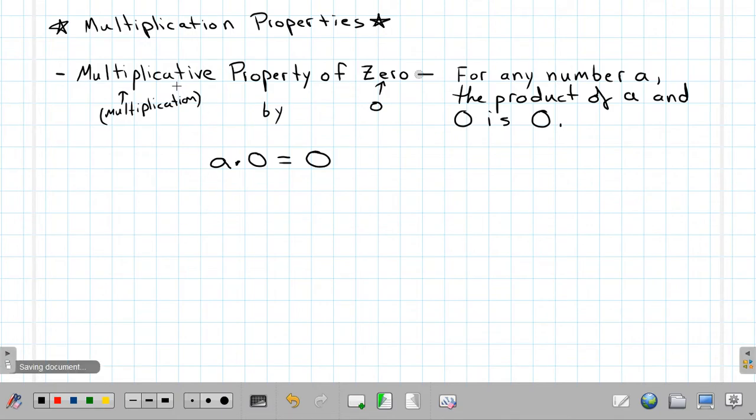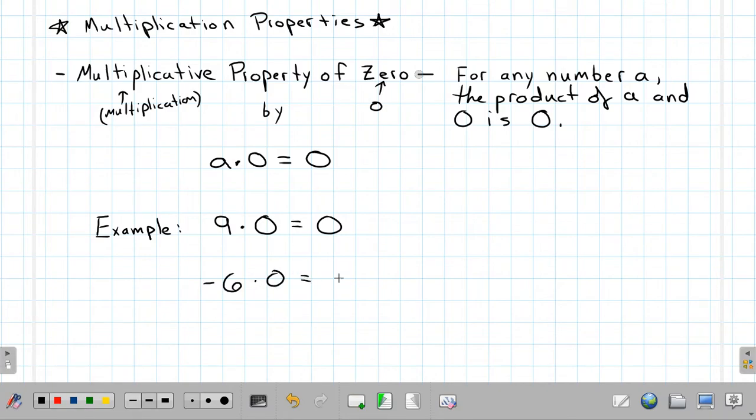It says it right in the name. Multiplicative means multiplication, property of 0, multiply by 0. What happens when you multiply any number by 0? You get 0. For example, 9 times 0 is 0. Negative 6 times 0 is 0.